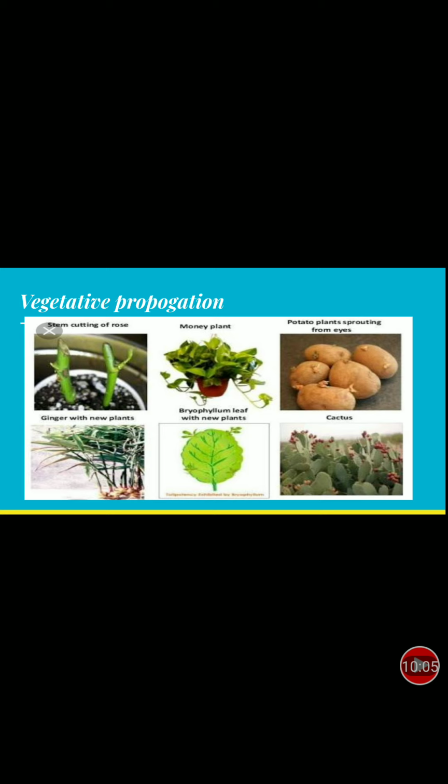If your parents were not there, you would not have existed. Here, in vegetative reproduction, plants are produced from a single parent. No union of sexual parents. So, single.